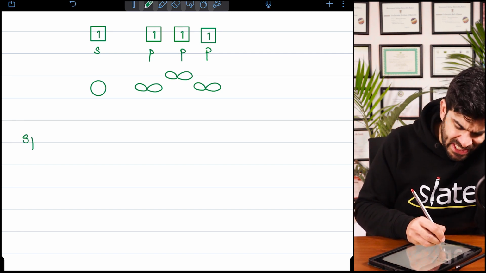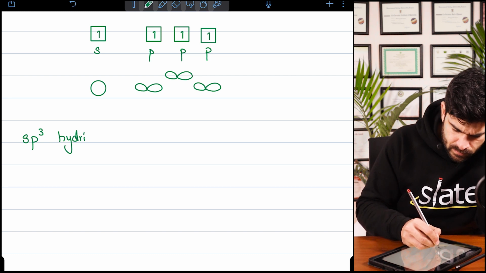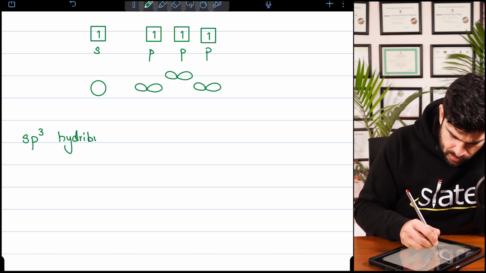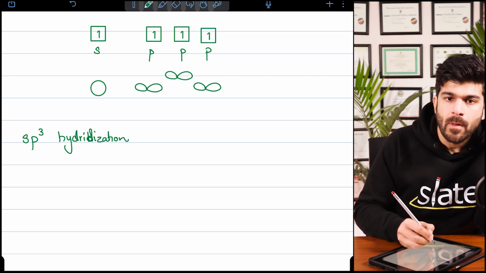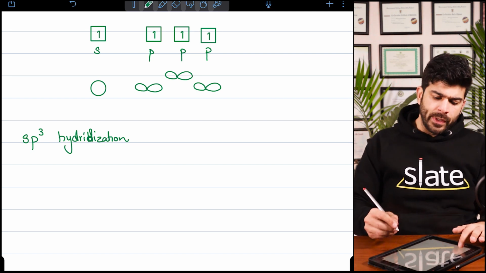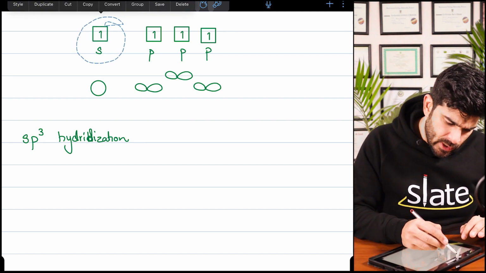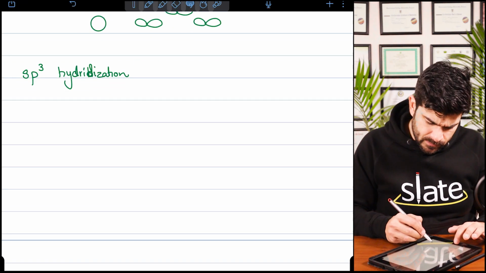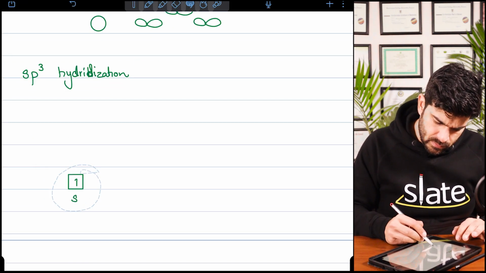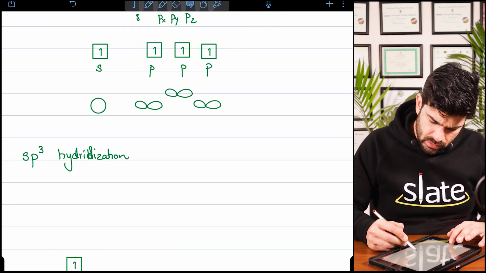The first one is sp3 hybridization. sp3. So what do we know? We know that s orbital is a lower energy orbital and p is a high energy orbital.